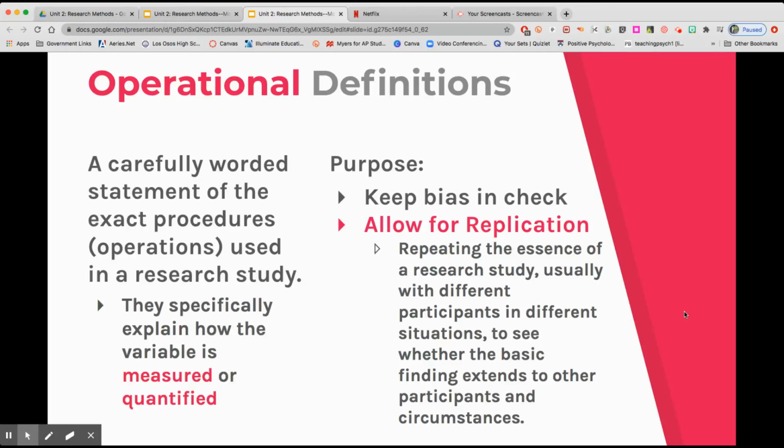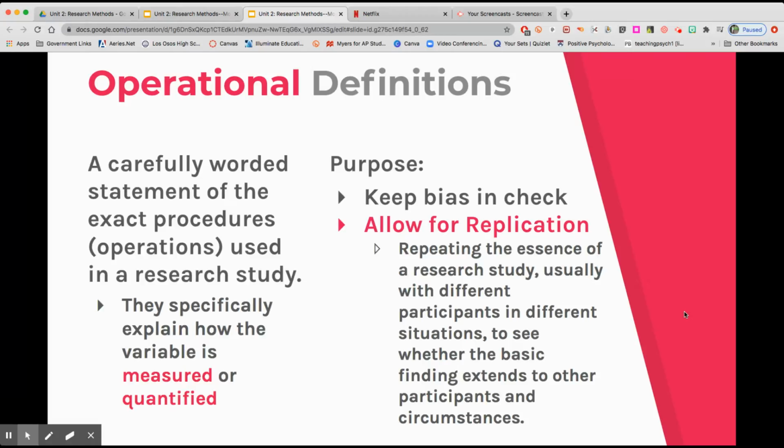If I'm measuring love on a 1 to 5 scale of how likely you are to give your last french fry, and they're measuring it as your heart rate when you see the person walk into the room, how can I compare my results? So I have to be very specific about how I'm measuring my variables.